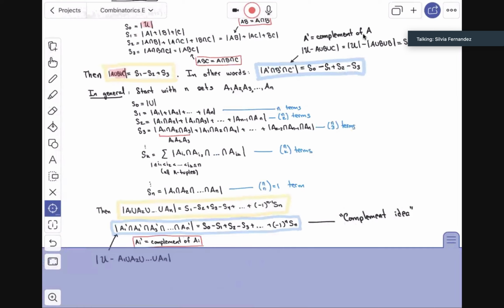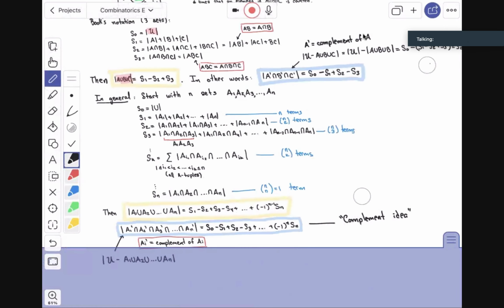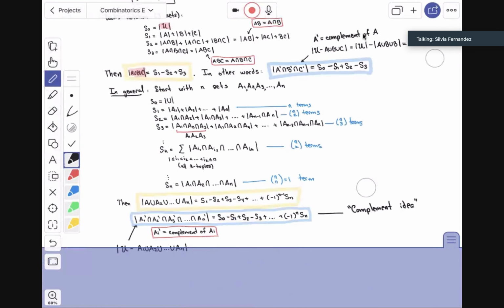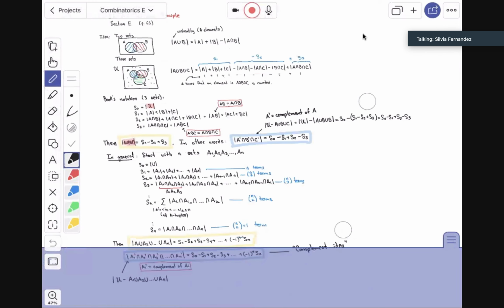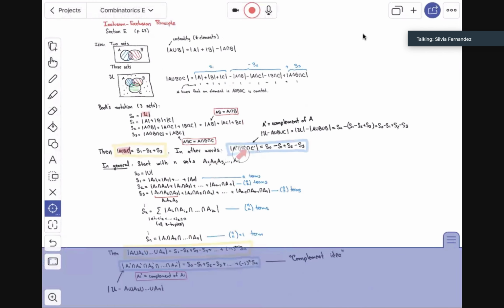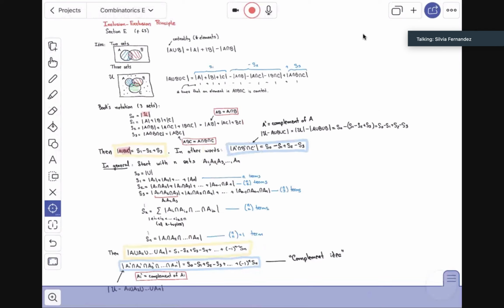This one corresponds to our original idea for 2 sets and 3 sets, and I think it's more understandable as the first step. Is that okay? So that's the inclusion-exclusion principle. This is the inclusion-exclusion principle for 3 sets, and this is the inclusion-exclusion principle for a general number of sets. They're equivalent versions, 2 versions of it.